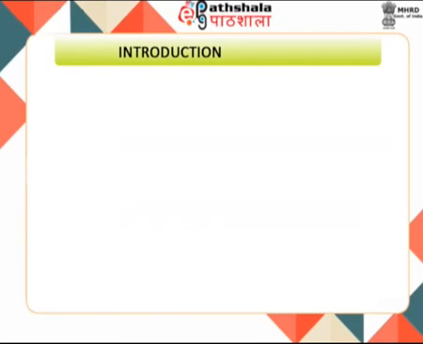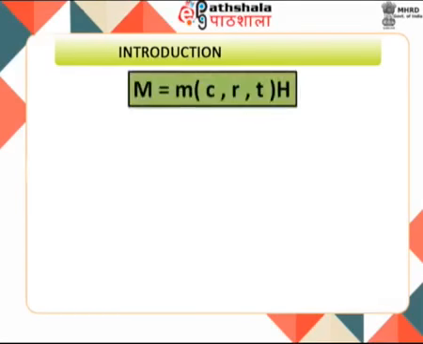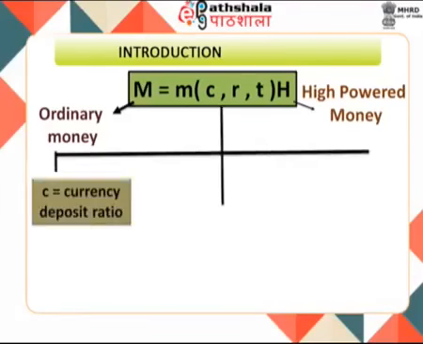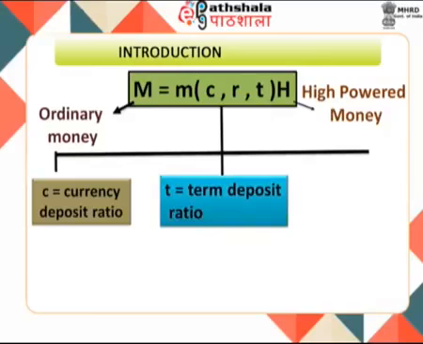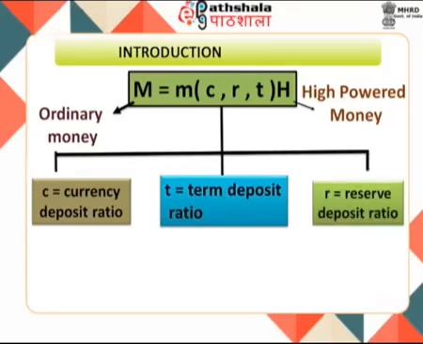The behavioral relation of the money supply equation is M equals m(C, R, T) into H, where M is equal to ordinary money and H is equal to high-powered money. C is equal to the currency deposit ratio, T is the term deposit ratio, and R is equal to the reserve deposit ratio.